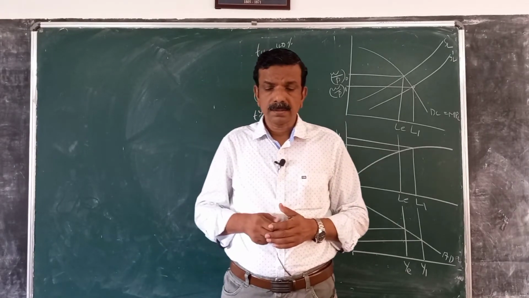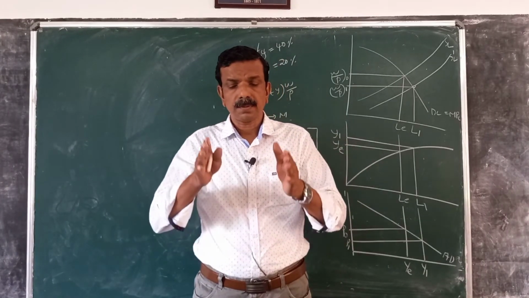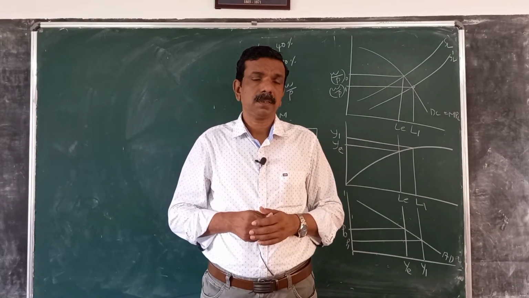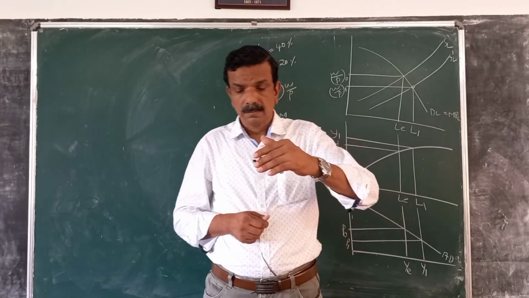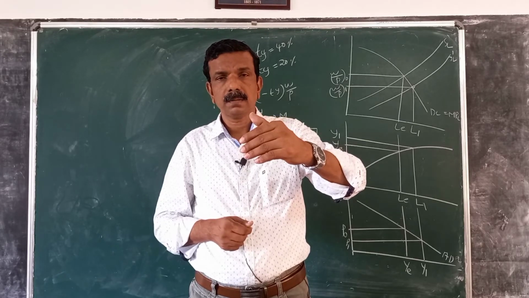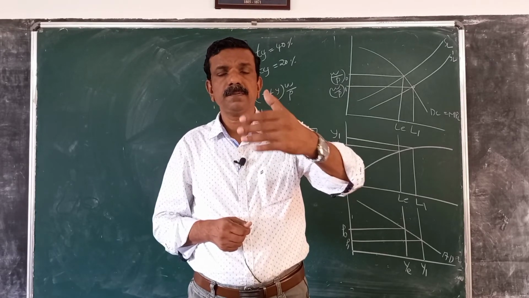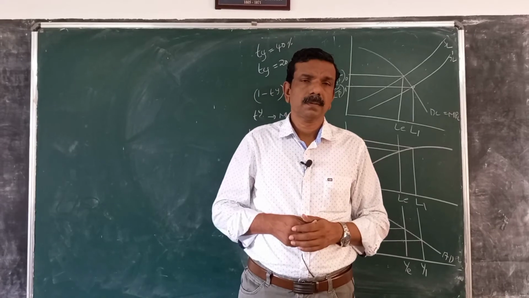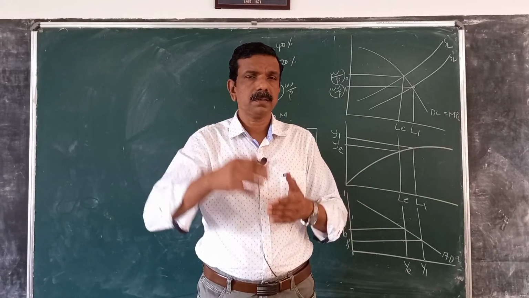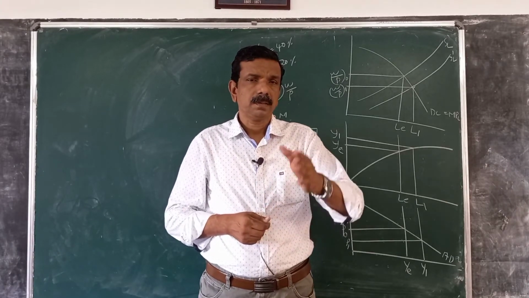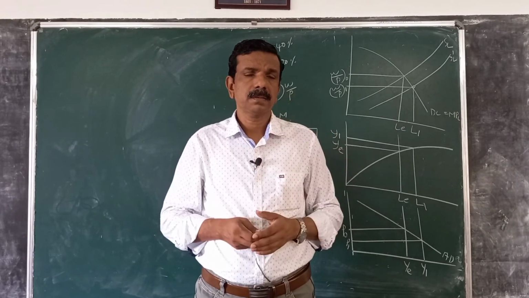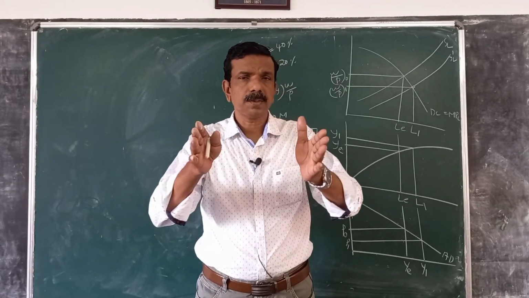So, in this sense, monetary policy is very important in the classical model because a stable money supply is required for stable prices. If there is an erratic increase or decrease in the supply of money, there will be price fluctuations. So, in that sense, monetary policy is very important.